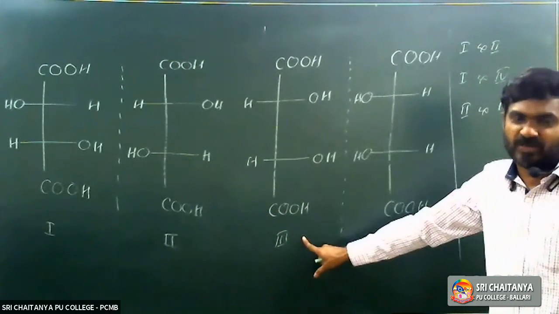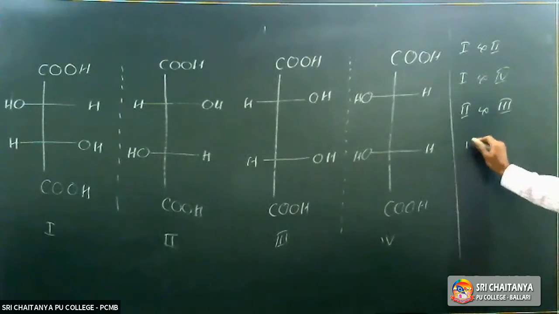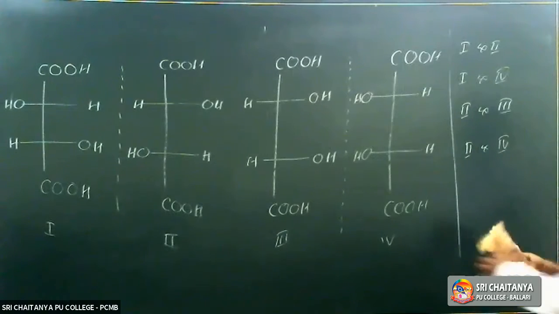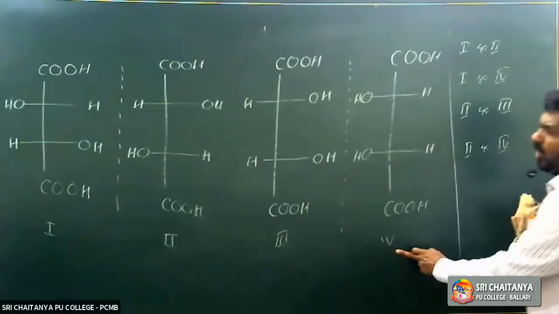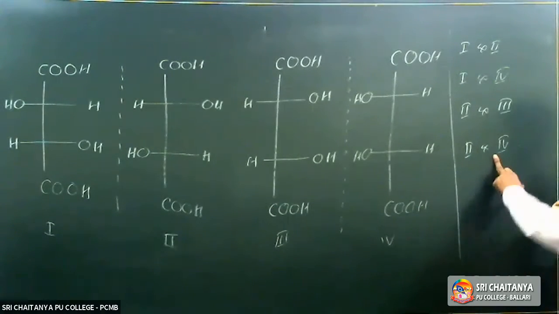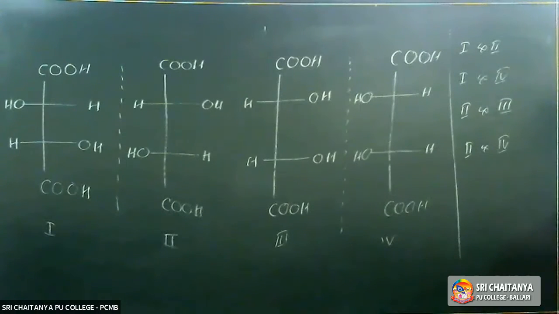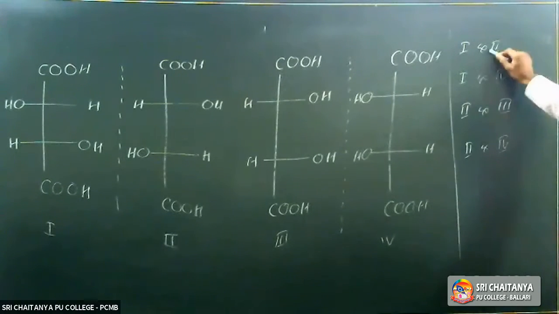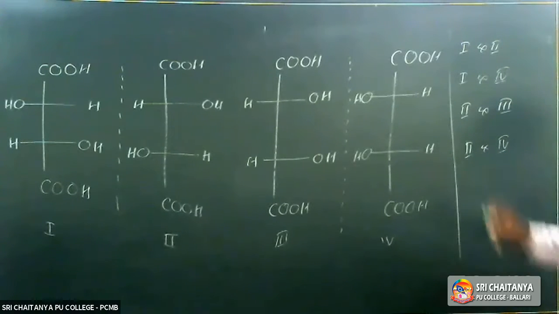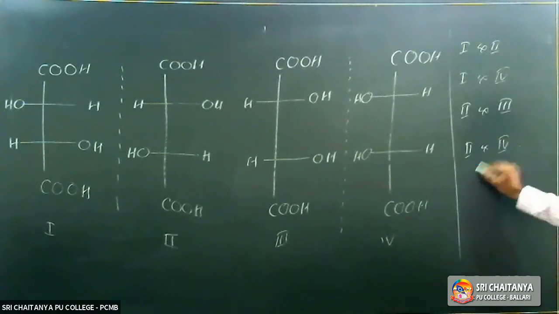These two are non-mirror images. Next, 2 and 4. It is the second compound and the fourth compound. So 2 and 4 are also non-mirror images. So these four sets are non-mirror images and non-superimposable. Hence these are called diastereomers.